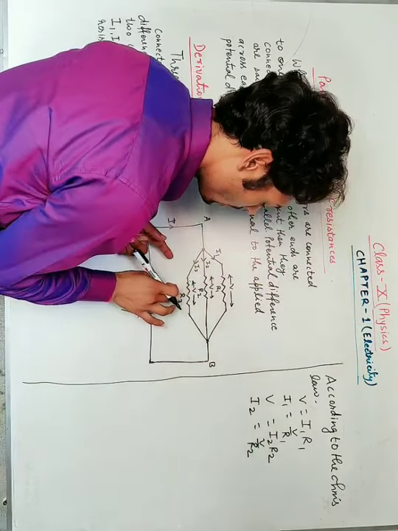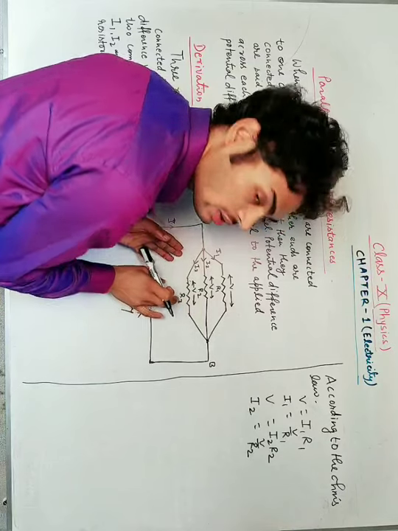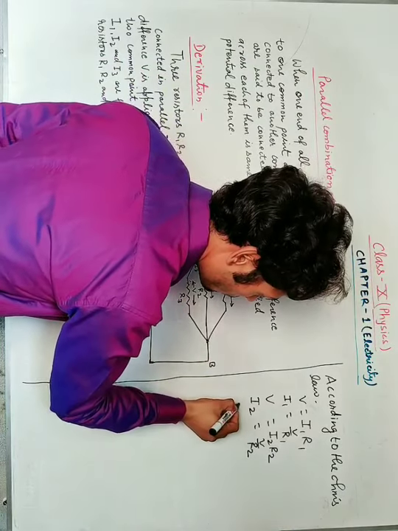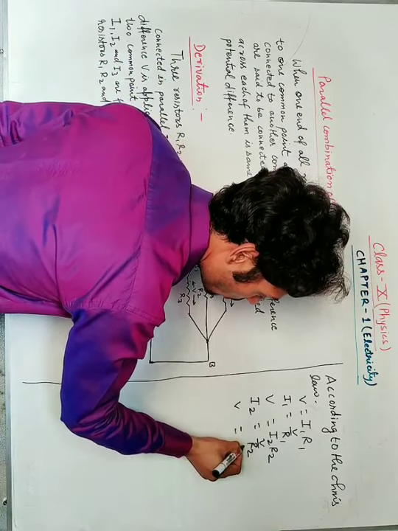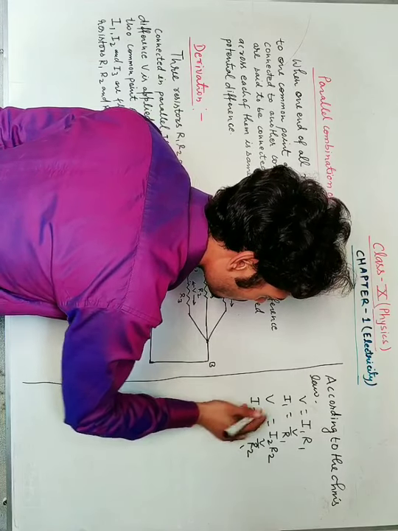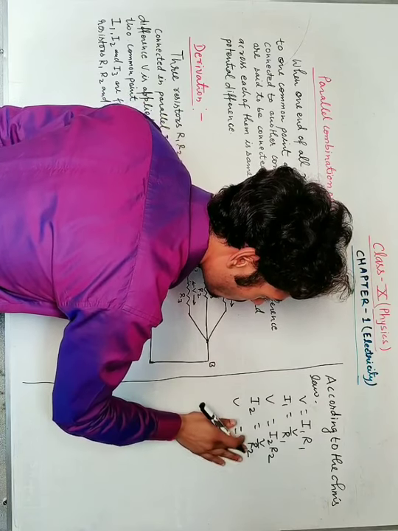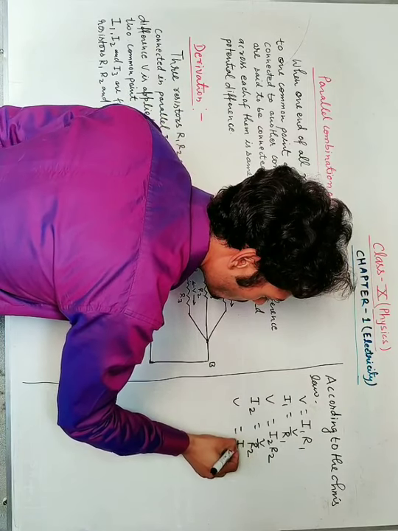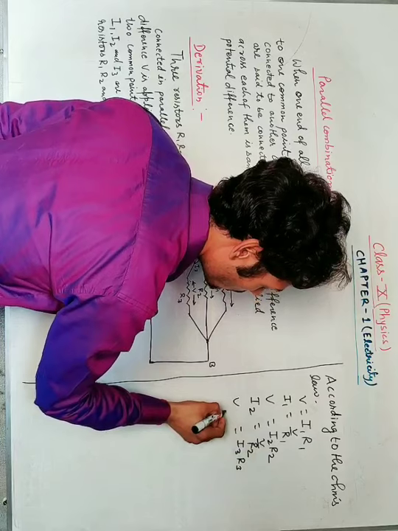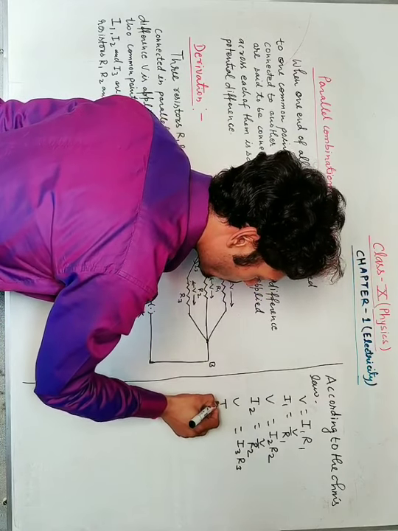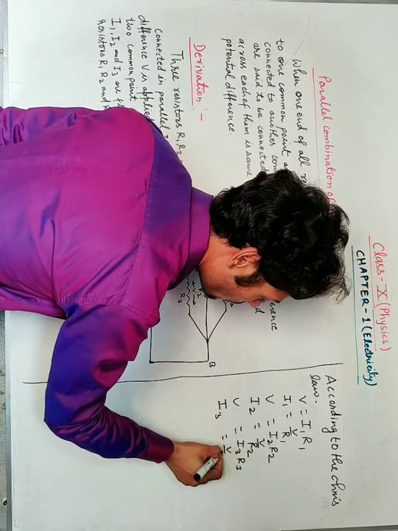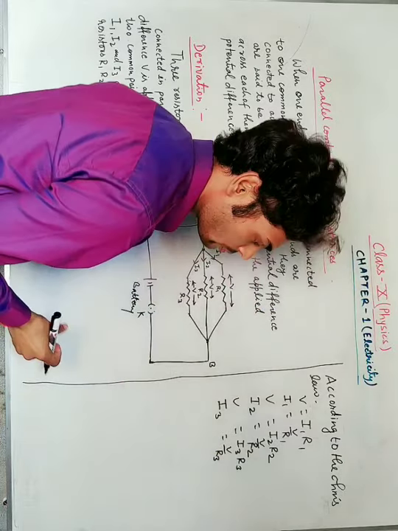For resistor R3, V equals I3 R3, then I3 equals V by R3.